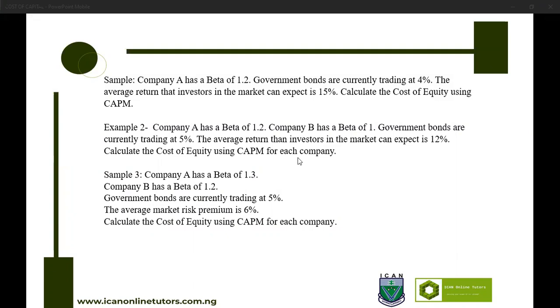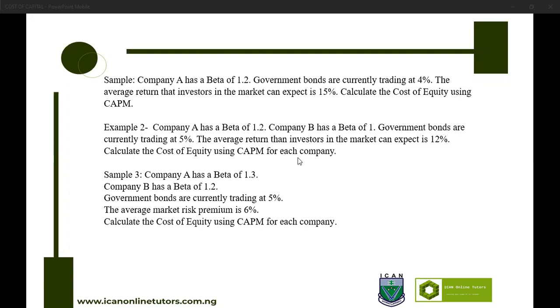Company B has a beta of 1. Government bonds are currently trading at 5%. The average return that investors in the market can expect is 12%. Calculate the cost of equity using CAPM for each company.